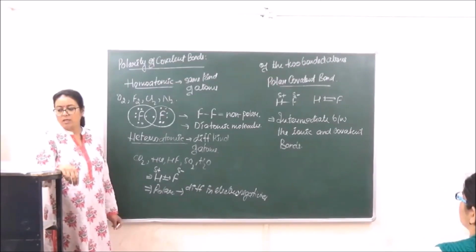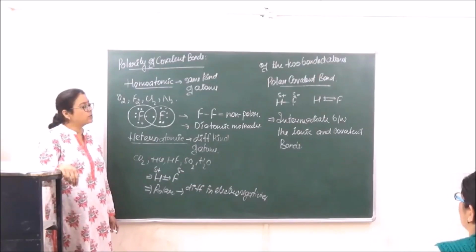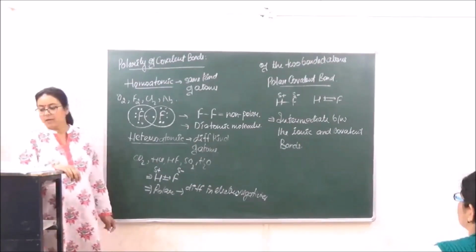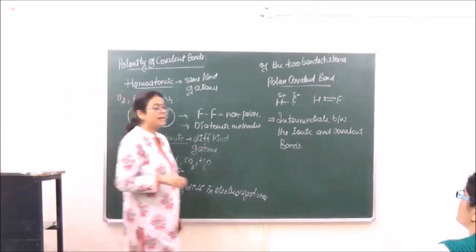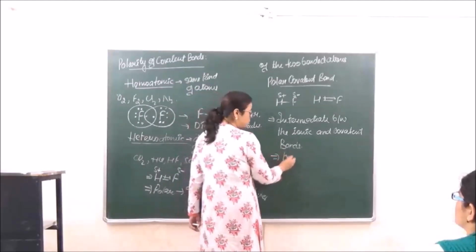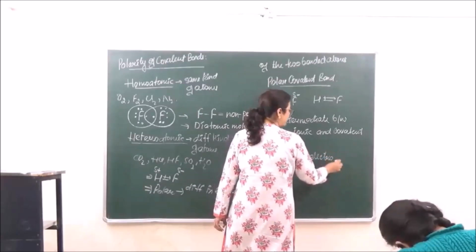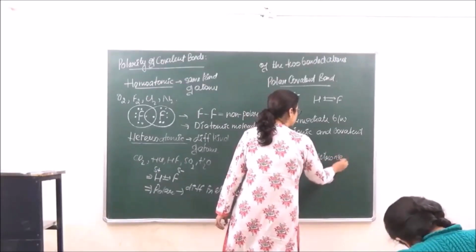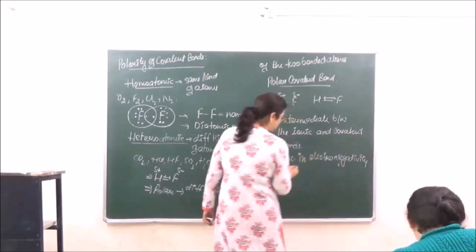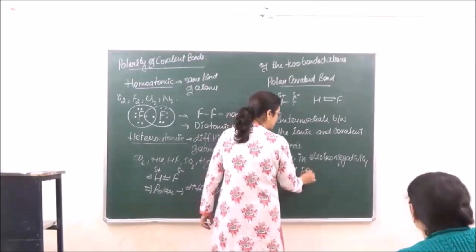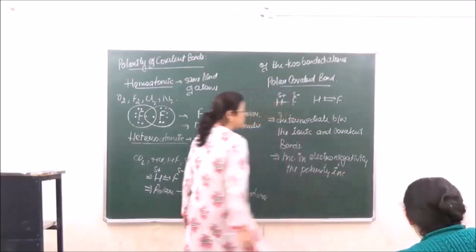Now bond polarity is described in terms of ionic character. As you can see over here, two different ions are developed, and with an increase in the difference in electronegativity, the polarity increases.